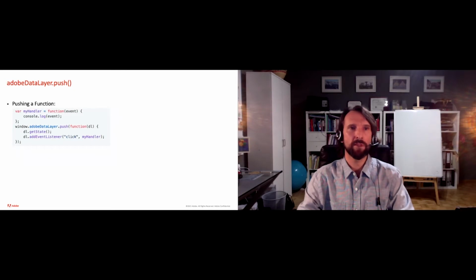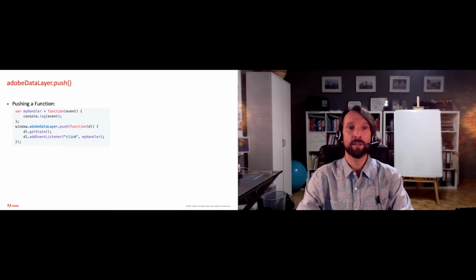And now comes an interesting part. You can also push functions into the data layer. What this does is it registers the function, and as soon as the script is available on the page, this function gets executed. Here, I get back a reference to the data layer. This is called DL in this example. And then I can use some custom methods of the data layer.